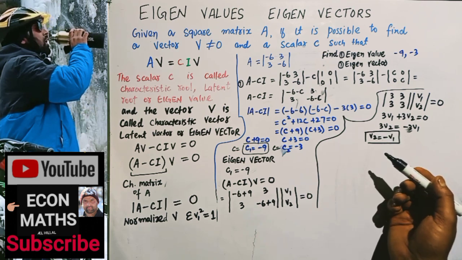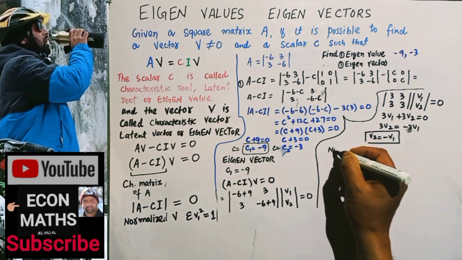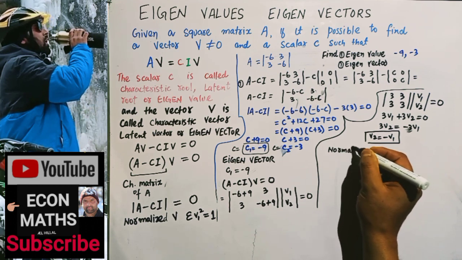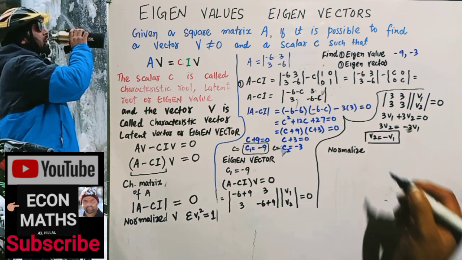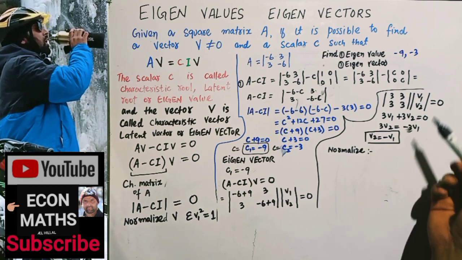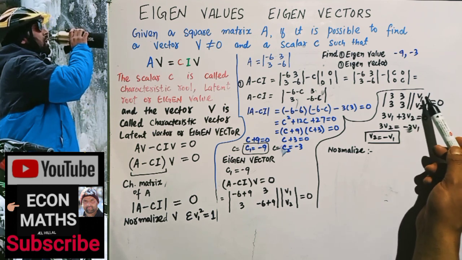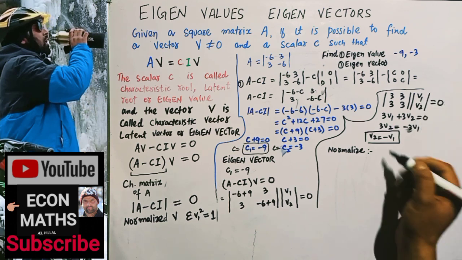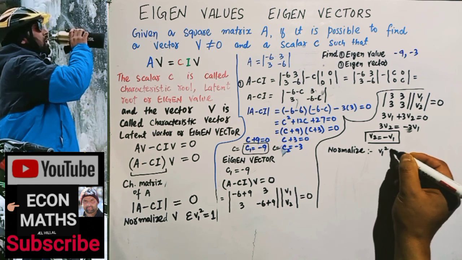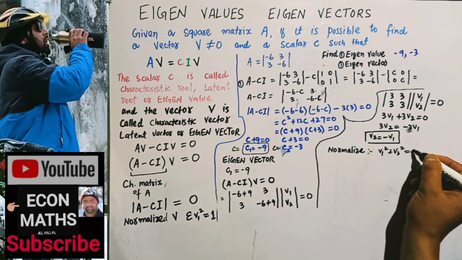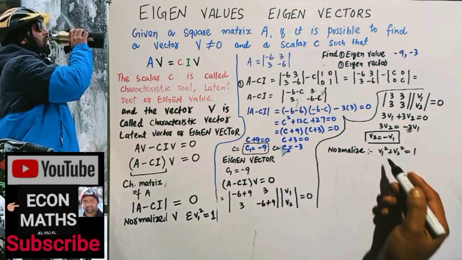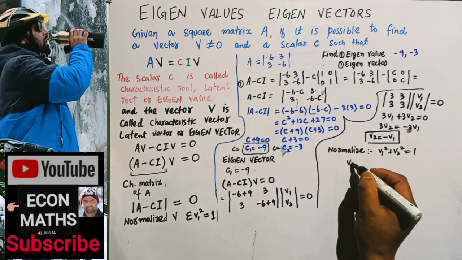To get rid of this, we will normalize the solution in such a way, as I have told you, to get a unique solution, the sum of squares of this vector must sum up equal to 1. That means v1 square plus v2 square should be equal to, sorry, 1.